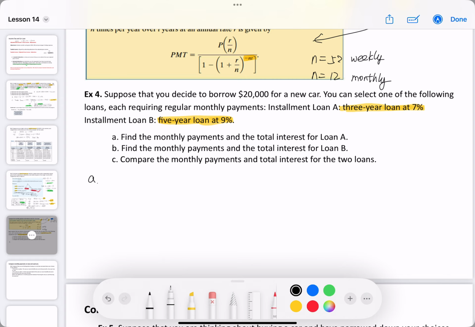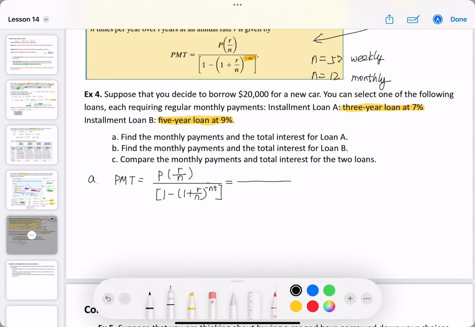So the monthly payment is PMT. That's the fixed amount of money I'm paying each month. The formula is P times R over N, divided by bracket 1 minus 1 plus R over N to the negative NT's power, close the bracket.